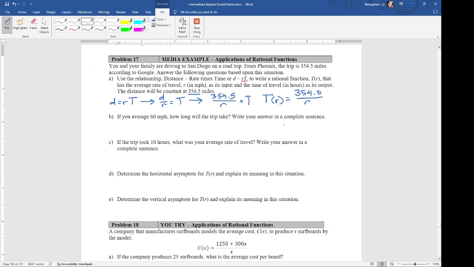If you're averaging 60 miles per hour, how long will the trip take? So we want t of 60. So we have 354.5 over 60. 354.5 divided by 60 gives us about 5.9 hours.